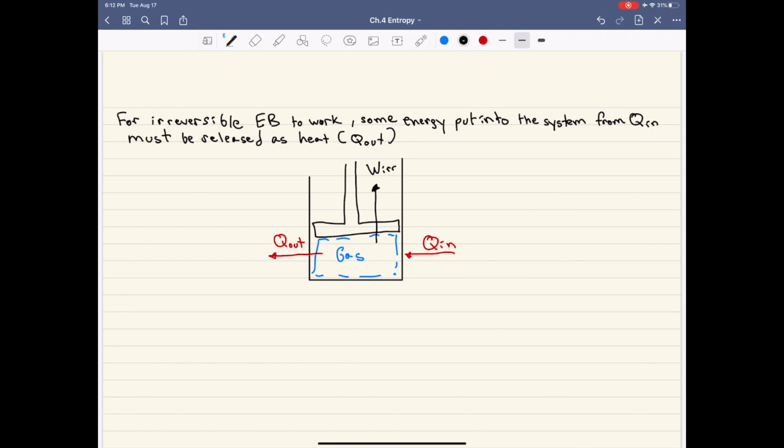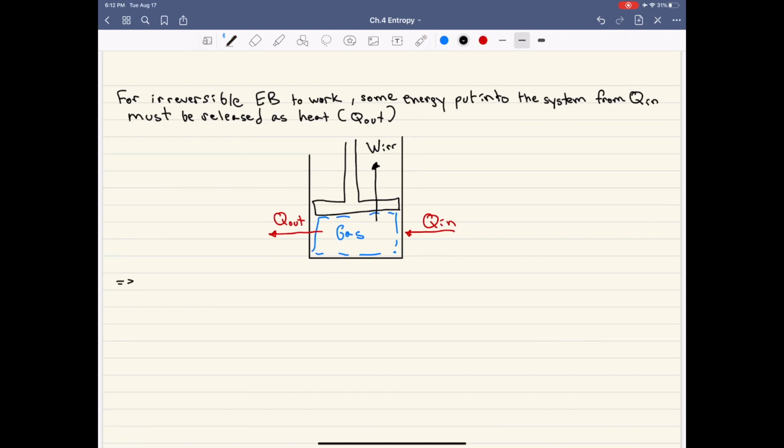And so if we revisit our energy balance, essentially what we have is, on the left-hand side, it's still 0. But on the right-hand side, what we're going to have is Q in plus W plus Q out. Okay? And we know this should be WIRR. And if we move WIRR to the left-hand side, we know that's equal to P2 times V2 minus V1.